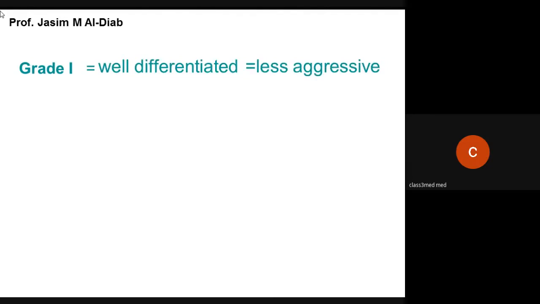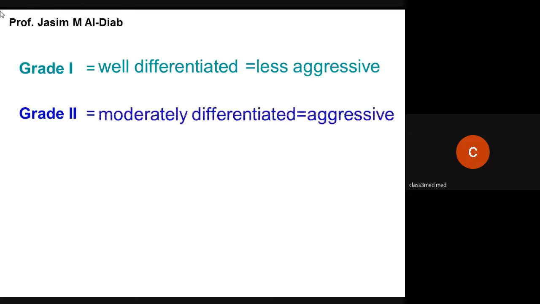So from this, we have this general scheme. When the tumor is called grade 1 tumor, you will understand it is well differentiated, okay? And it is less aggressive, because it is well differentiated. So it is grade 1, it is of low grade. And the grade 2 tumor will be called moderately differentiated and is more aggressive than grade 1.